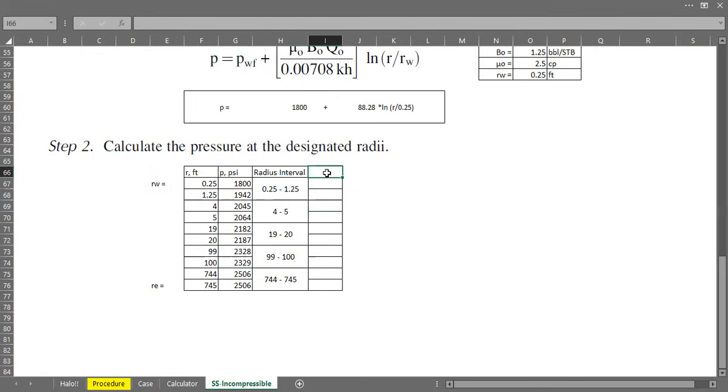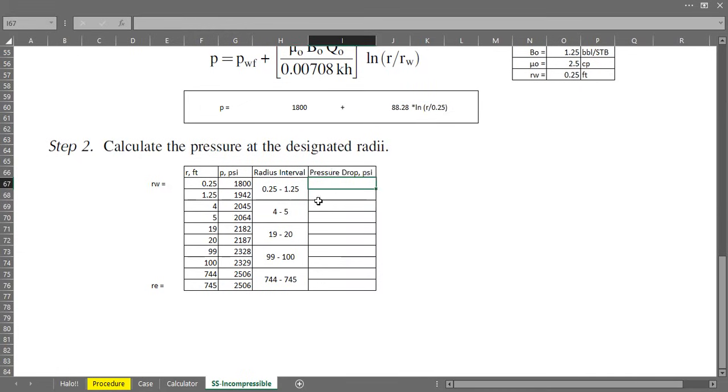And then just the pressure drop. Pressure drop, it is in PSI. Okay, I will make also the merge like this, delete, and then let's calculate the pressure drop. This one is this one minus 1800.